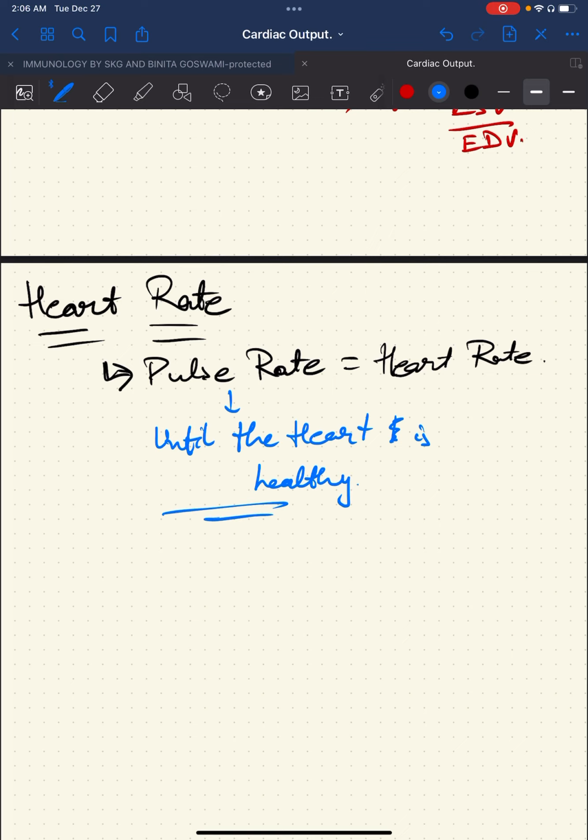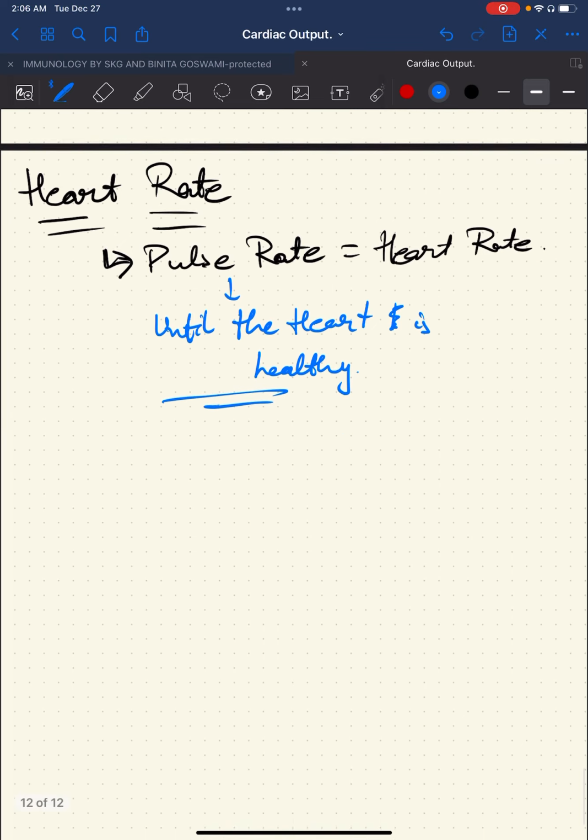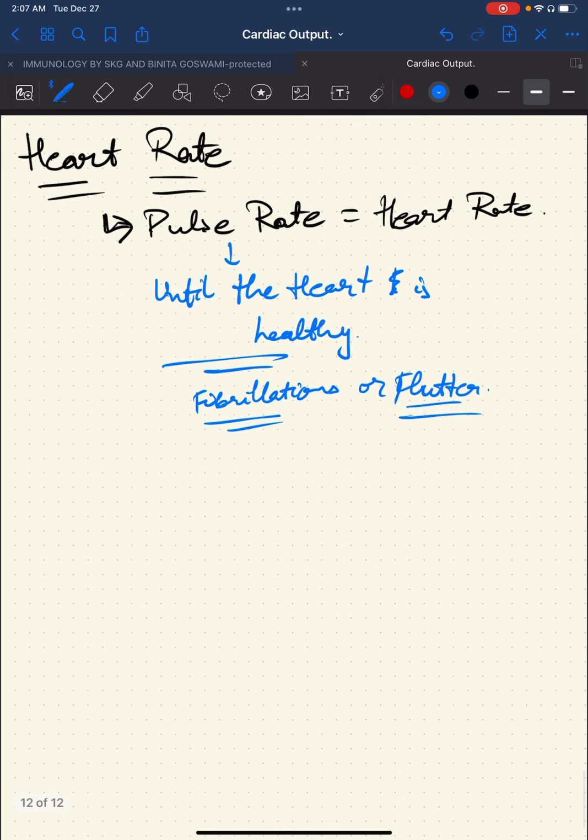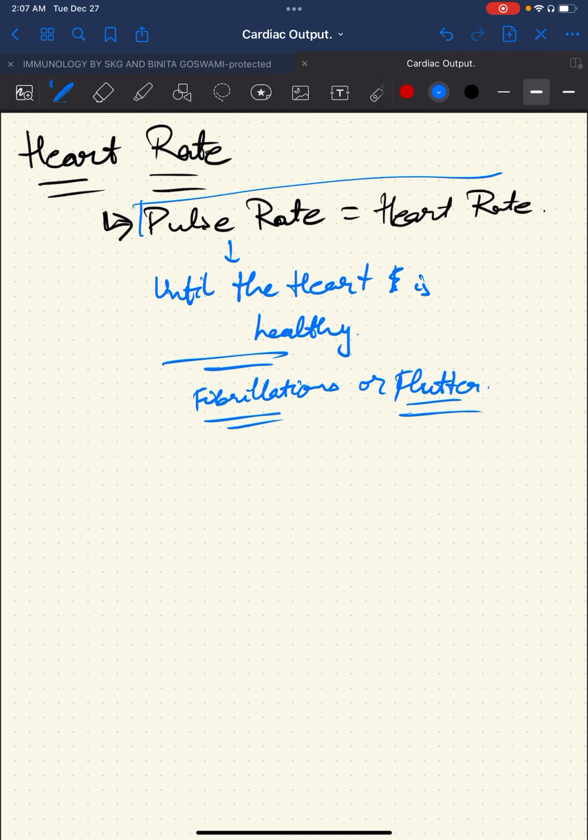That means there are no conditions like fibrillations or flutters. As long as these conditions are not present, then pulse rate is same as heart rate.